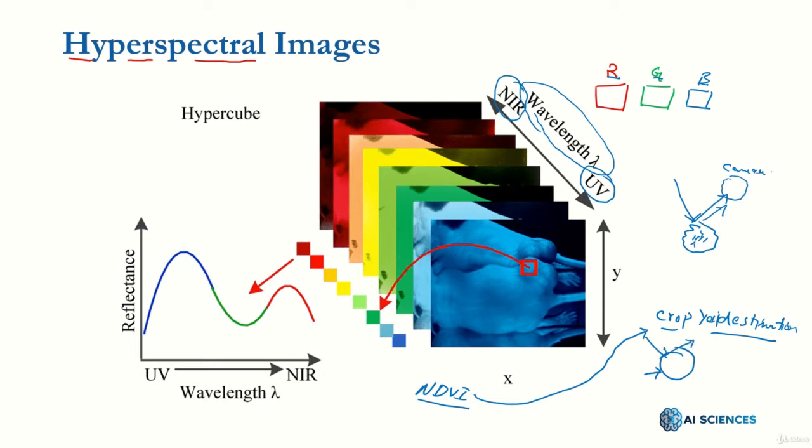So capturing a lot of the information that is there in light can sometimes be helpful, and it can give you information that just red, green, and blue channels cannot give. So you have rich information if you really want it.